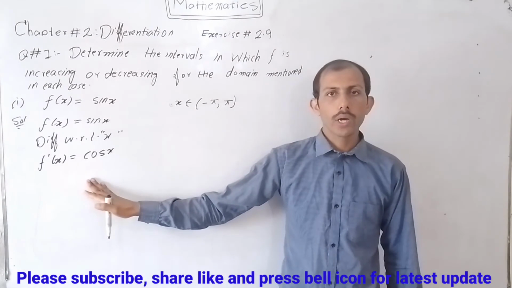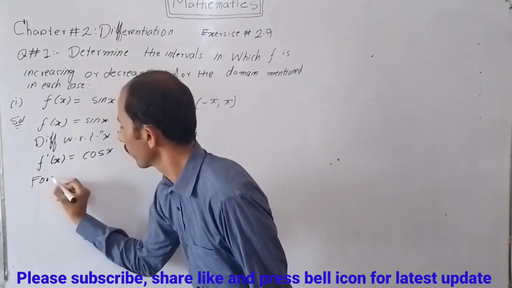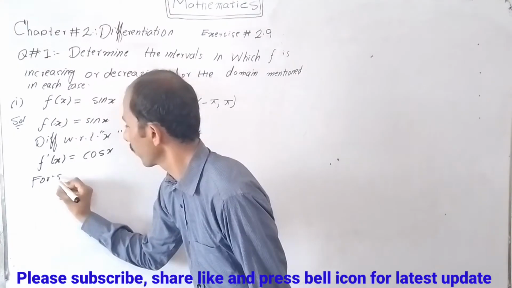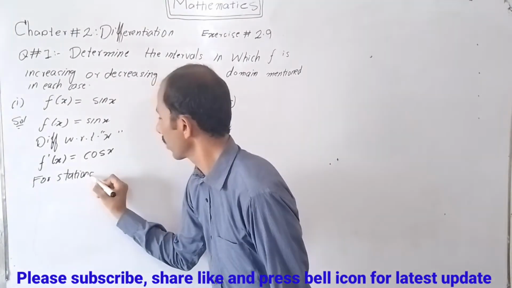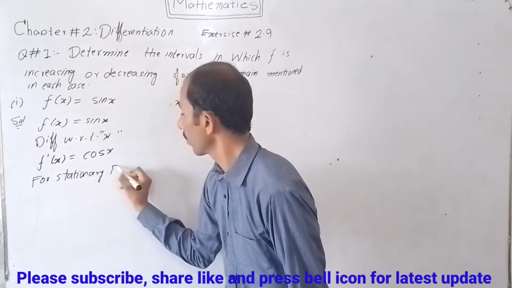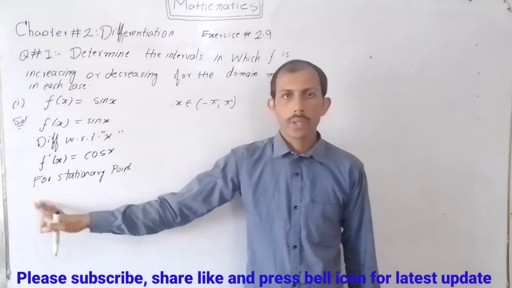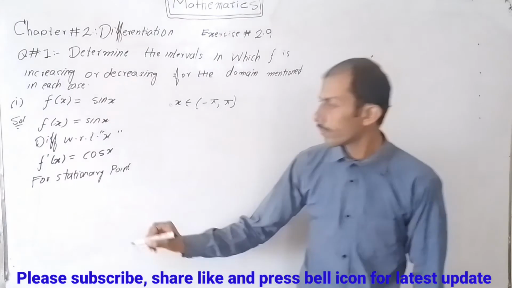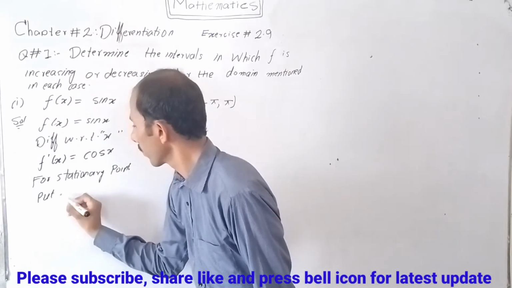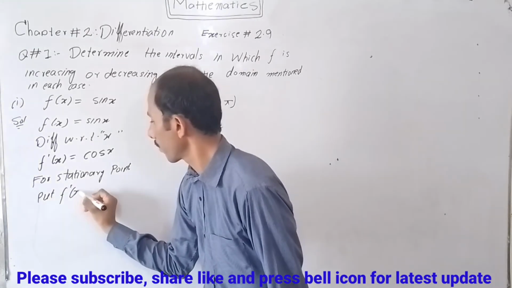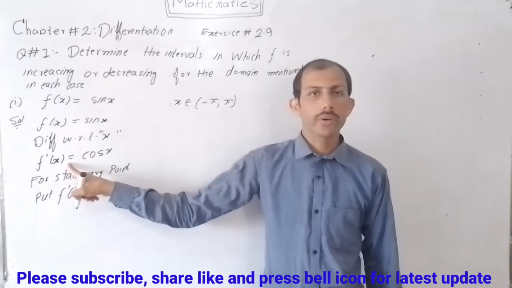For stationary point, we put f prime of x is equal to 0. So cos x is equal to 0.